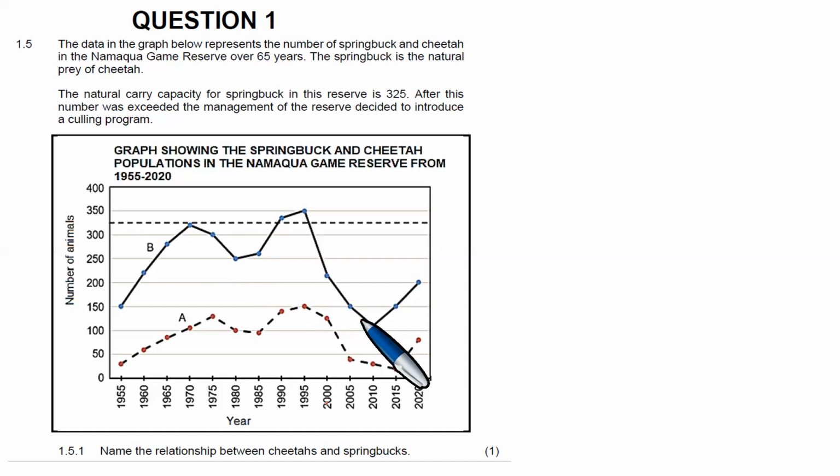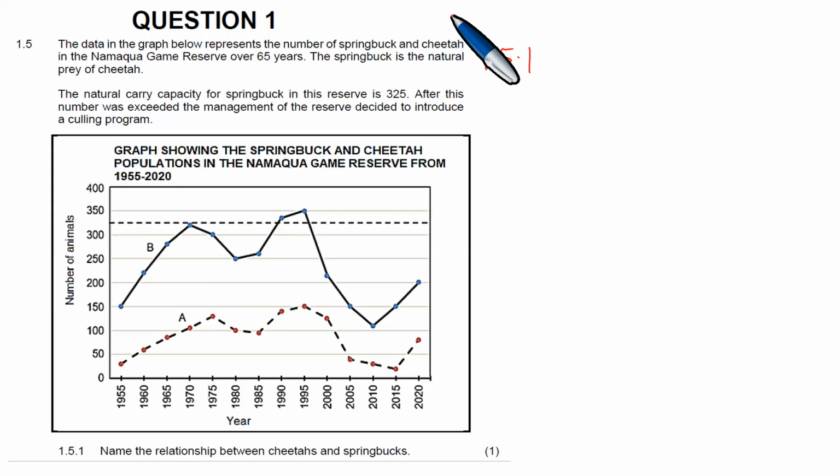So what is the relationship between the cheetahs and the springboks? Okay, that's an easy one because you can see the fluctuation, but also you know that cheetahs love meat. Those cheetahs are carnivores, so they are meat eaters, and they eat the springboks.